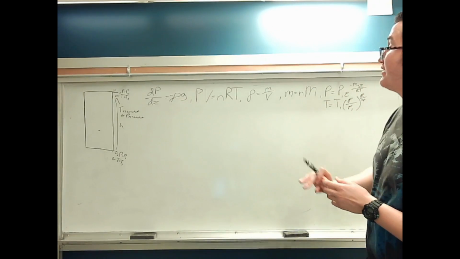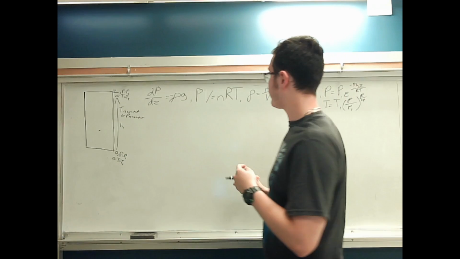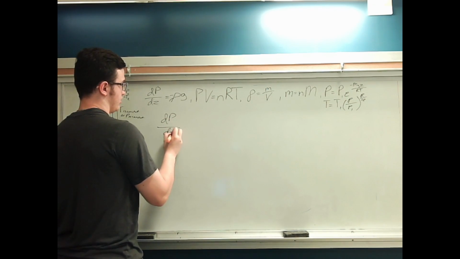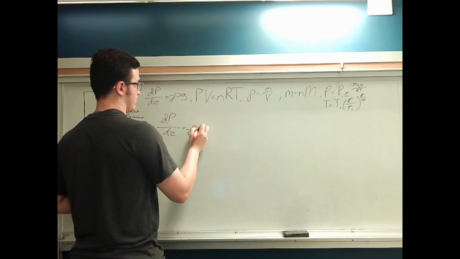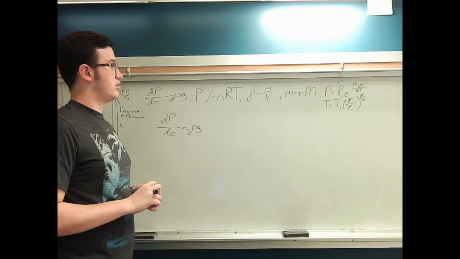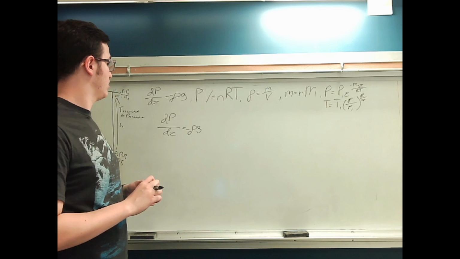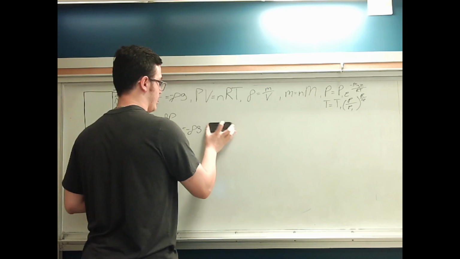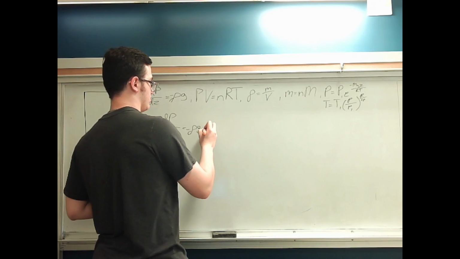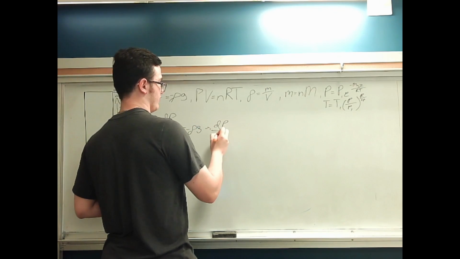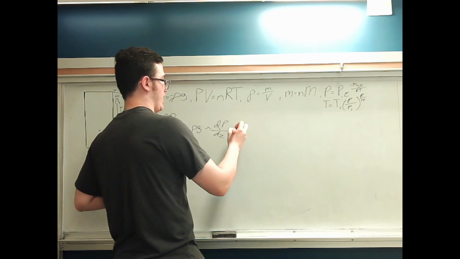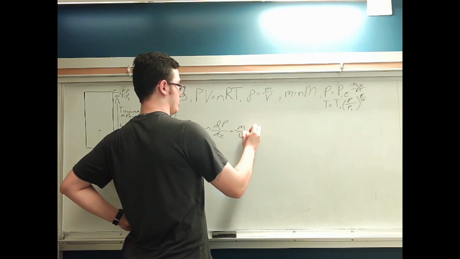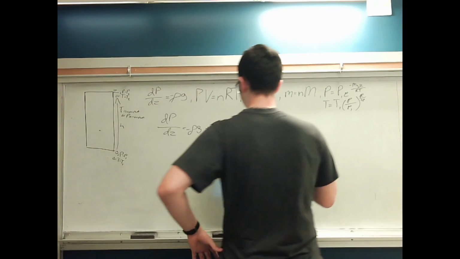And we're going to go back to here. And we're going to go back to M over V, back to change in pressure over change in height is equal to M over V, negative mass over volume times gravity.